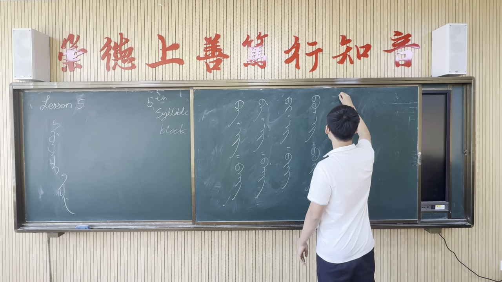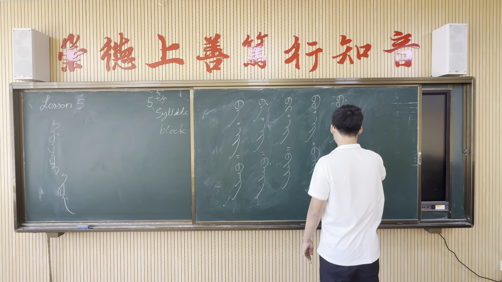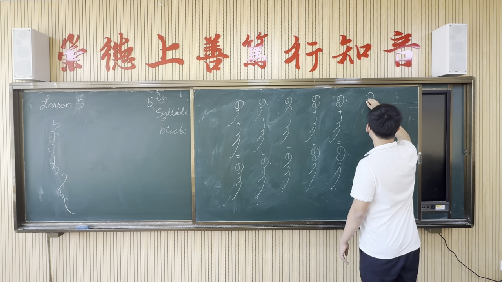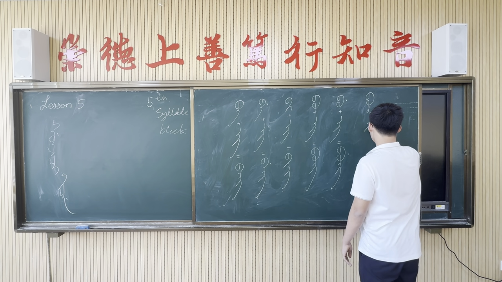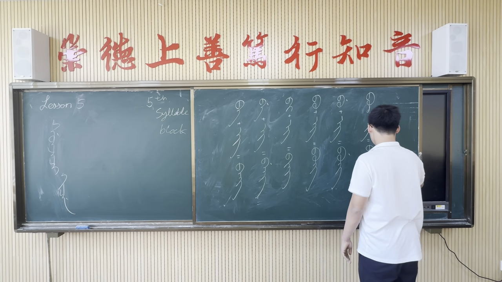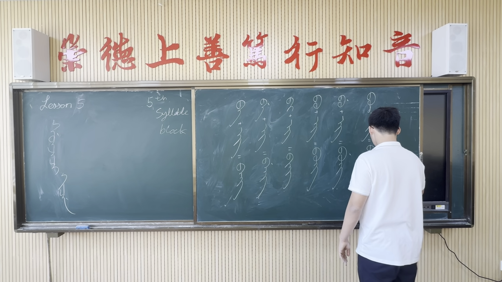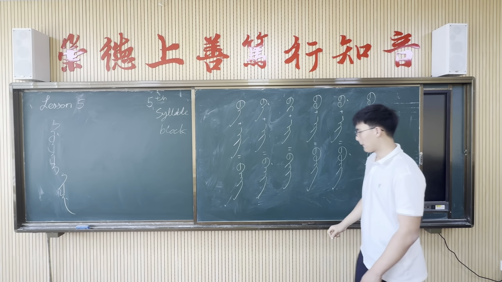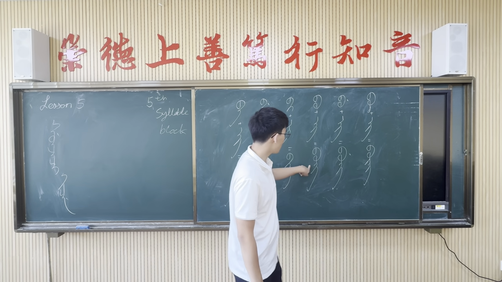Bu plus ng is bung. Bo plus ng is buong. Bang, bong, bing, bong, bung, buong.